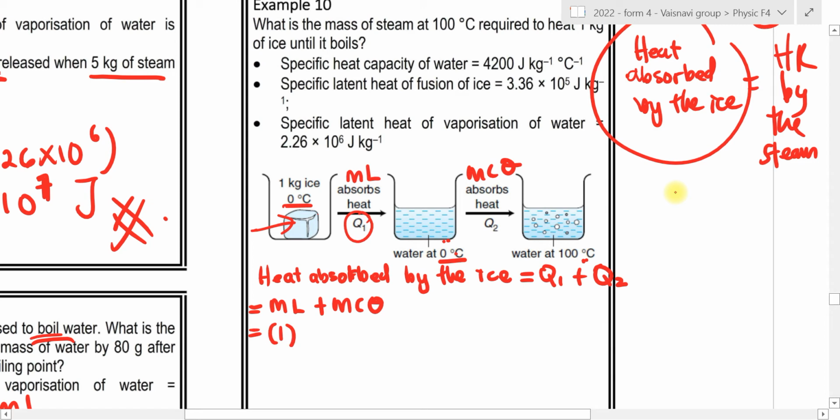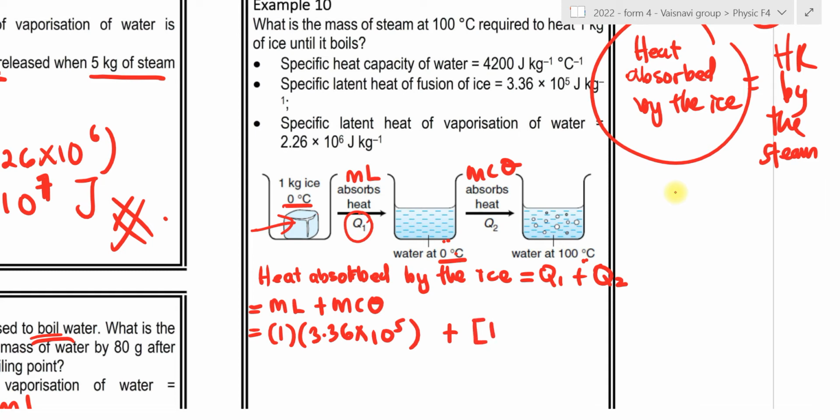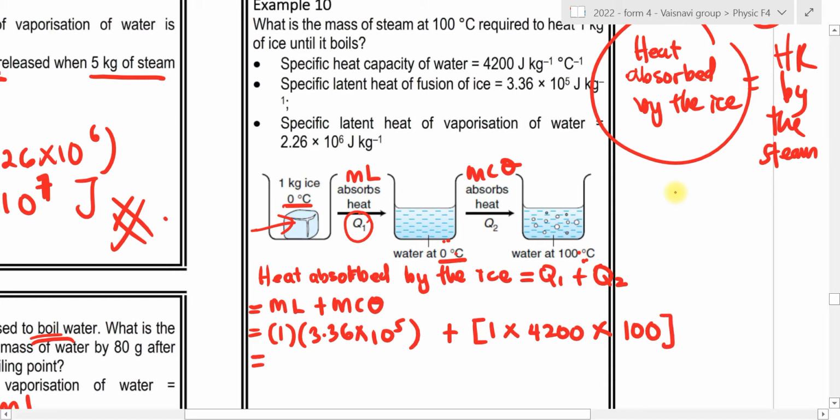The latent heat of fusion is 3.36 times 10 to the power of 5, plus mc theta with the same 1 kg, since 1 kg of ice melts into 1 kg of water. What is c? 4200 times theta, from 0 it becomes 100, so the temperature change is 100. What is the total?